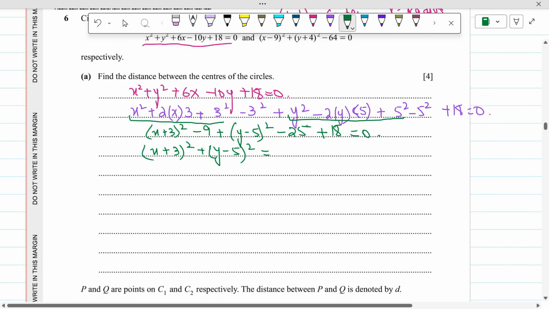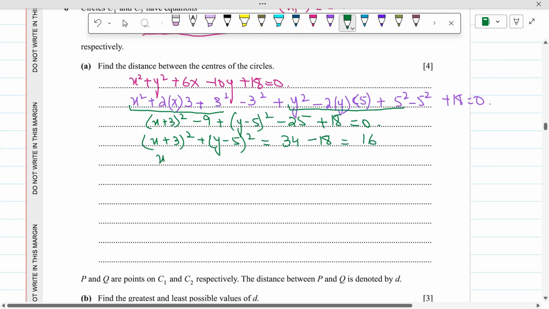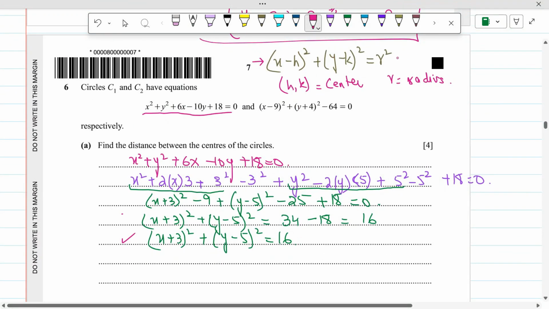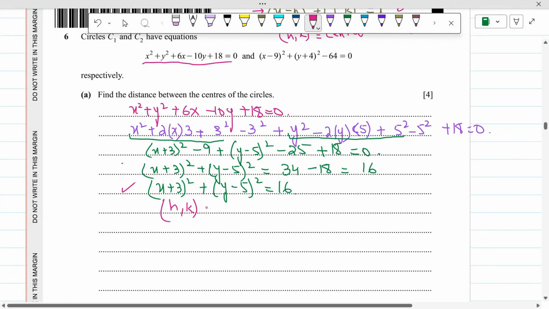When we switch to the right side, it will be positive, so it will be 34 minus 18, which equals 16. So we have (x plus 3) whole square plus (y minus 5) whole square equal to 16. This is a circle equation. When we compare with the standard equation, we have h and k, which in this case are negative 3 and plus 5. Radius squared is 16, or you can say the radius is 4.